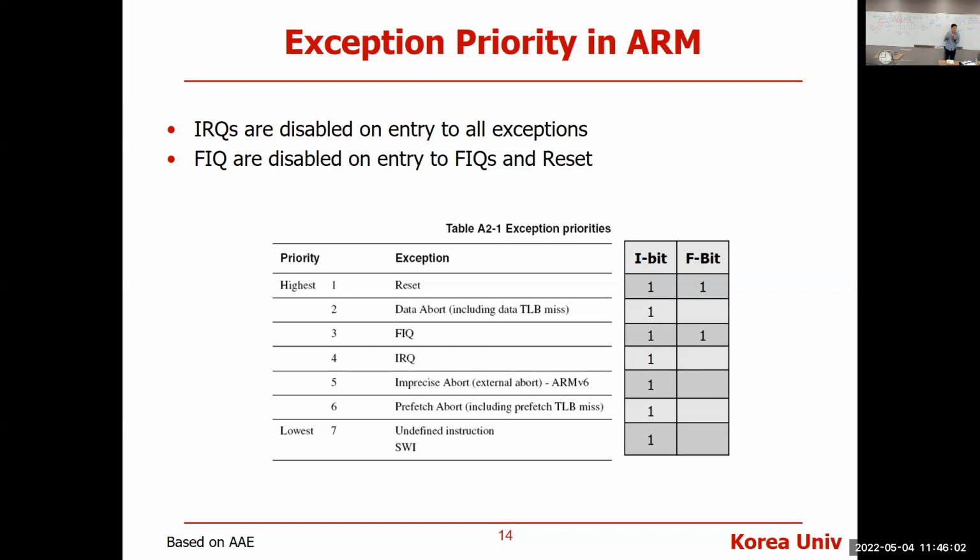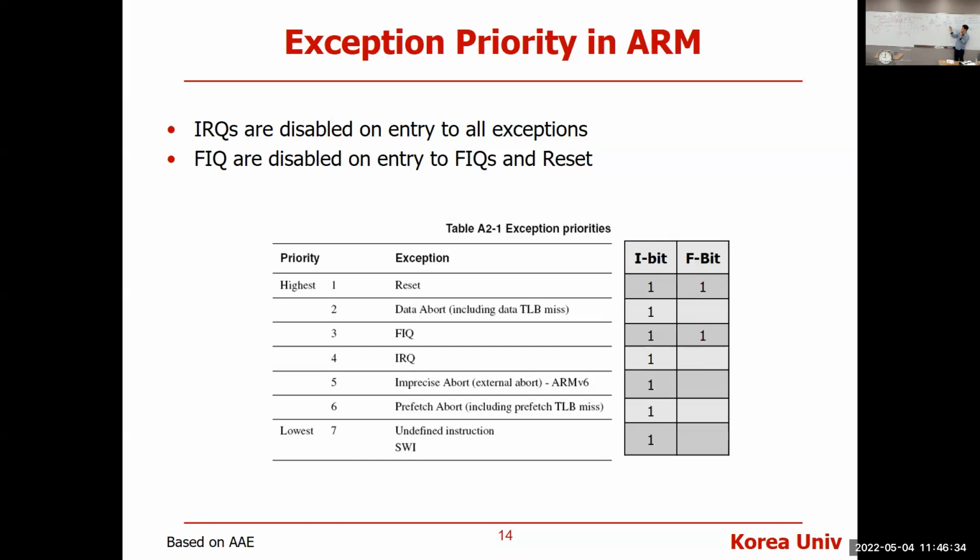So don't be confused with this table. The I bit means it is blocking interrupts coming in from the outside world, IRQ. That interrupt will be blocked by that bit. And the F bit in CPSR only influences FIQ.